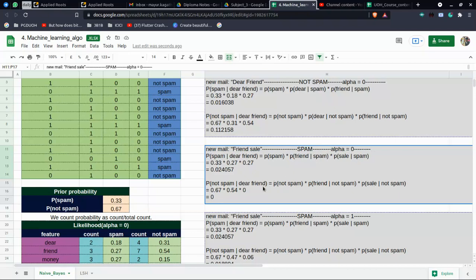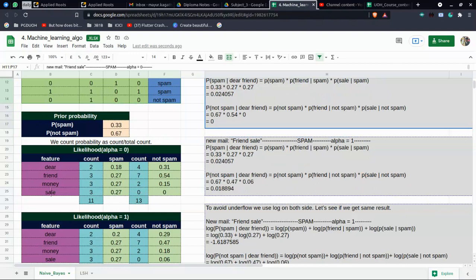If you observe here, the word cell is not there in the not spam category. The word cell is not used anywhere in not spam, only in the spam category. So the likelihood of cell is 0.